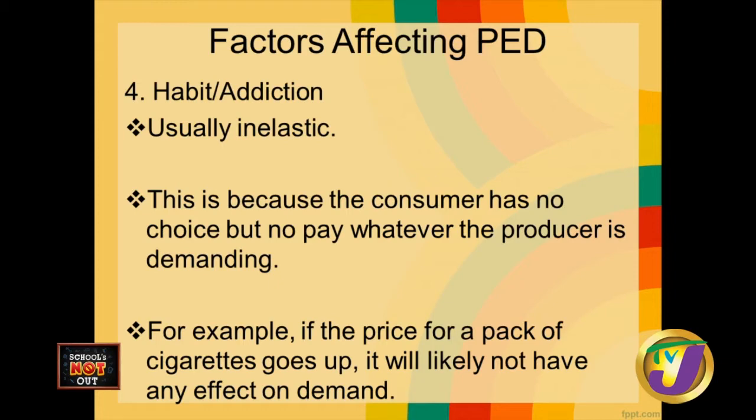So for example, if the price of a pack of cigarettes goes up, it will likely not have any effect on demand because consumers are addicted to smoking cigarettes. Some persons are addicted to chocolate, so they will not pass the chocolate in the aisle, they will purchase it regardless of the price.